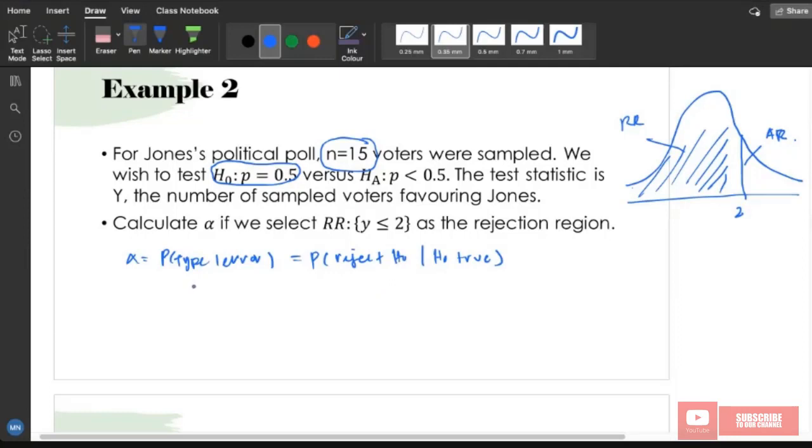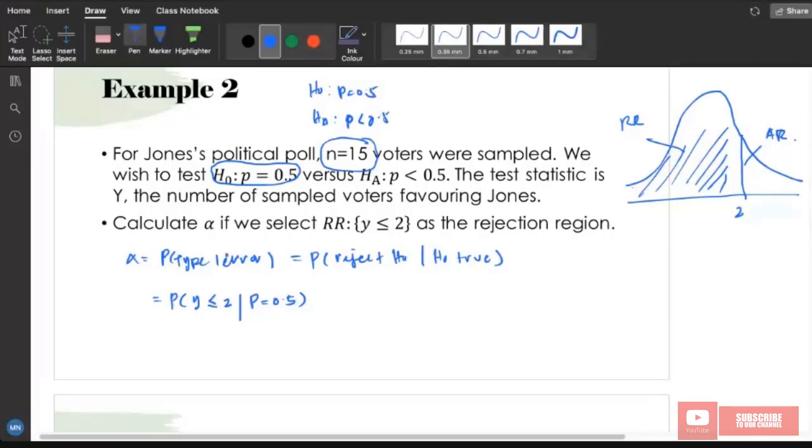The rejection region is when y is less than or equal to 2. So probability of y less than or equal to 2 when the null hypothesis is true, p is equal to 0.5. The alternative hypothesis is p less than 0.5.